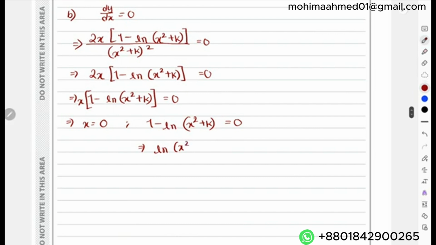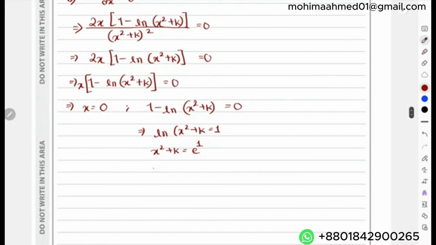ln(x² + k) equals 1, which is x² + k is e to the power of 1, which is x² equals e to the power of 1 minus k, and then x equals plus and minus the square root of e^1 minus k, which indicates that we have two values of x from this part.